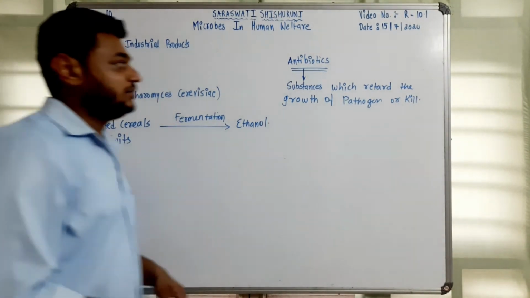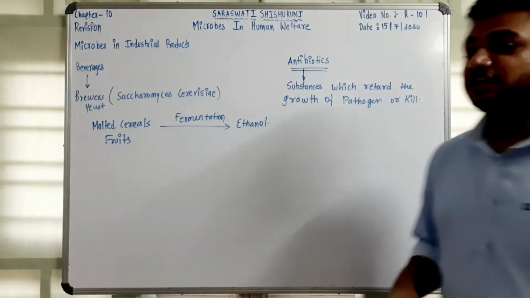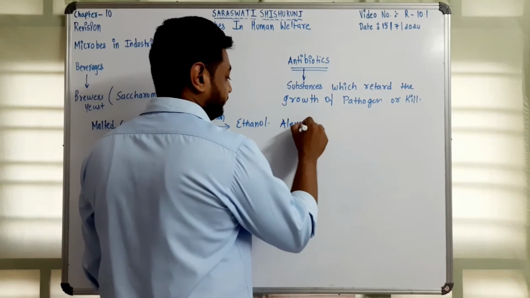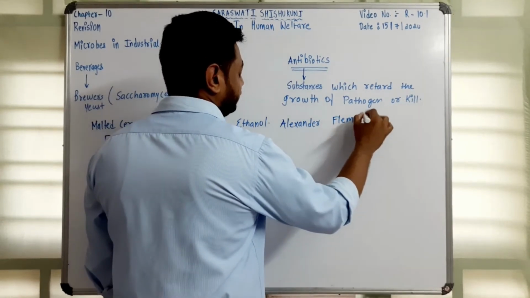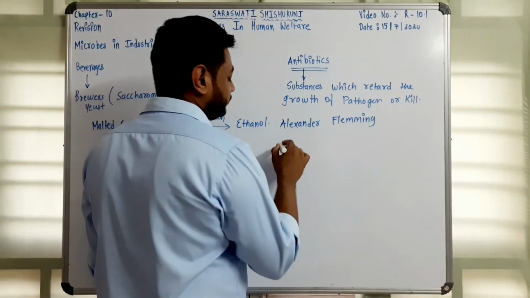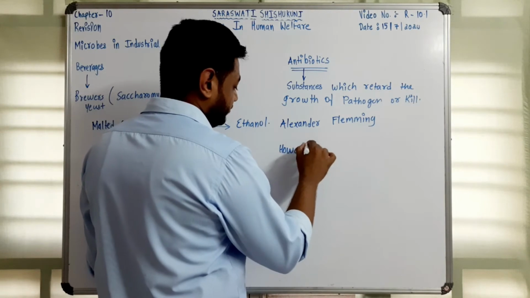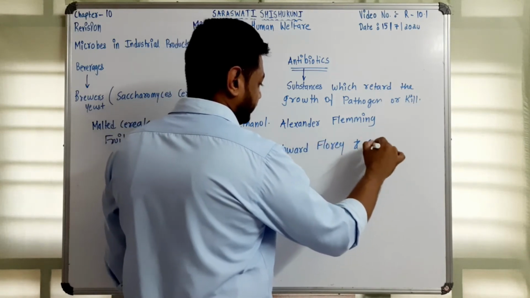Now when we talk about antibiotics, the first antibiotic was discovered by Alexander Fleming, and its full efficacy, its full effective role, was discovered by Howard Florey and Ernst Chain, right?